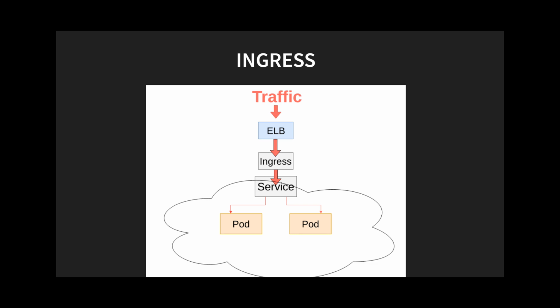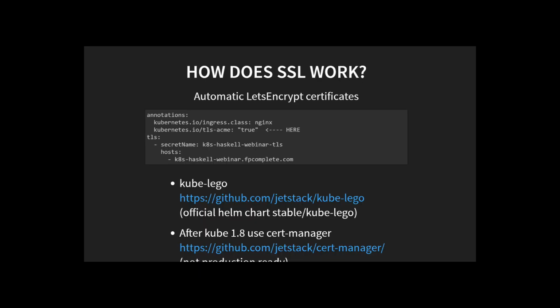So let's look at how automated SSL certificates work in this case. If you noticed, we added an annotation to the Ingress here that says tls-acme equals true. And what this does is signal to a service running on the cluster, called kube-lego, that listens for new ingresses and ingress updates, to fetch a Let's Encrypt certificate for us for this specific subdomain.